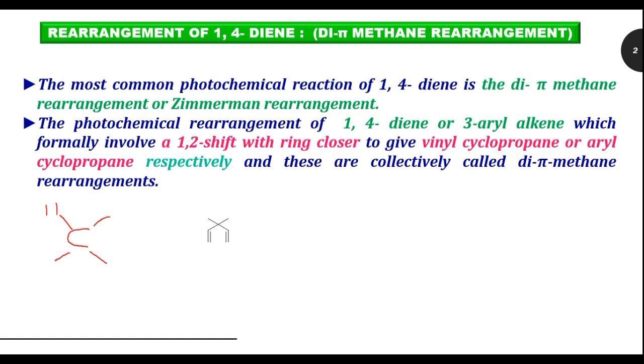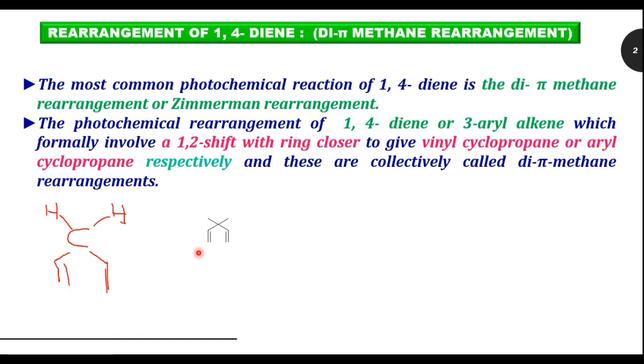Here you write the 2 hydrogens. Di-pi means 2 pi bonds are there. So this carbon is going to have 2 pi bonds. So this is called di-pi-methane. This reaction involves this kind of reactants. That's why it is called the di-pi-methane rearrangement.